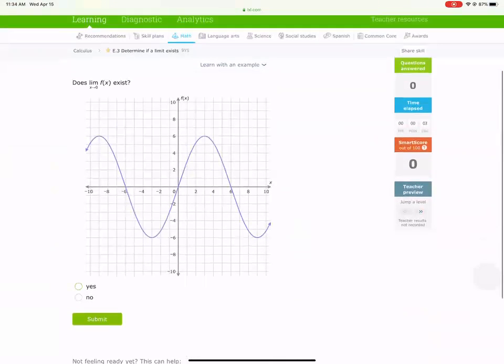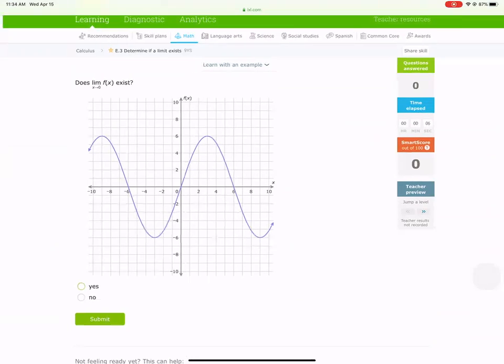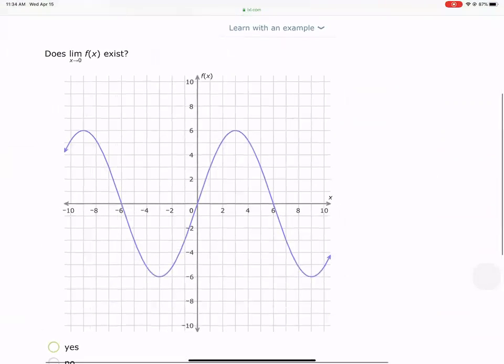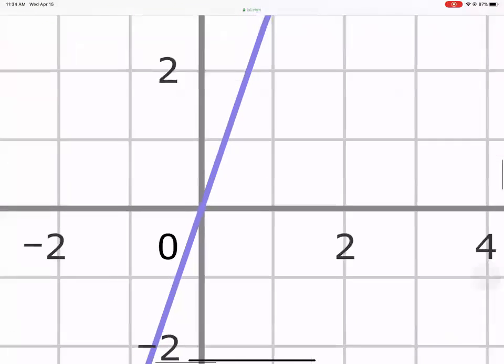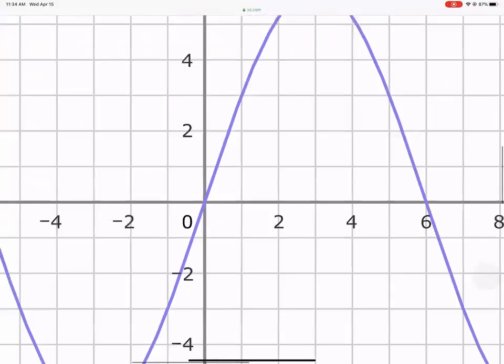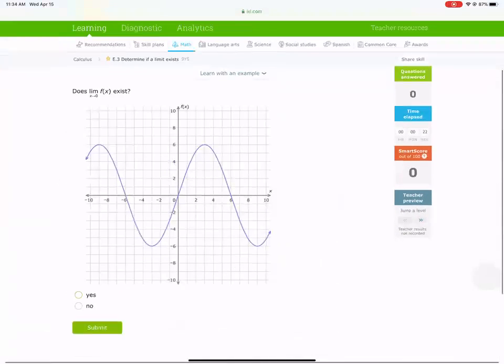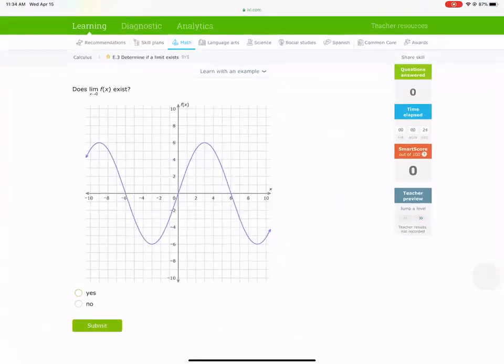Determine the limit if it exists. So as we approach 0, let's read the question. Does the limit as x approaches 0 of f of x exist? As we approach 0, what do you think the y value is? Does it exist? Do they agree?